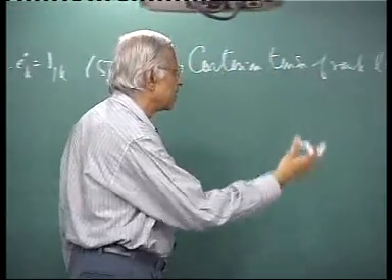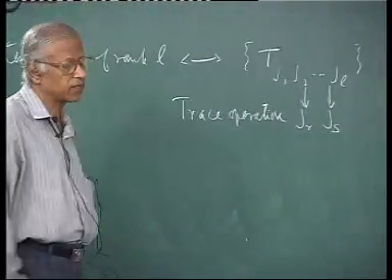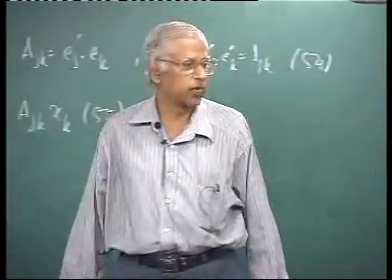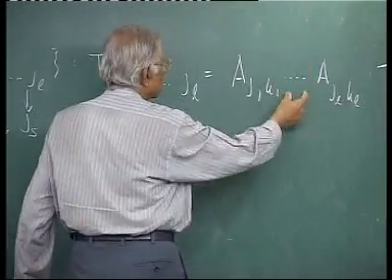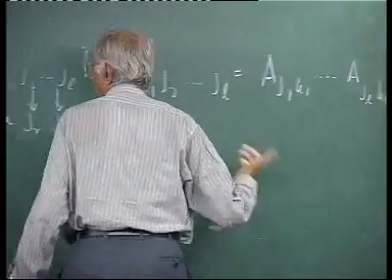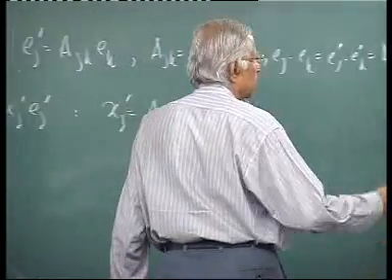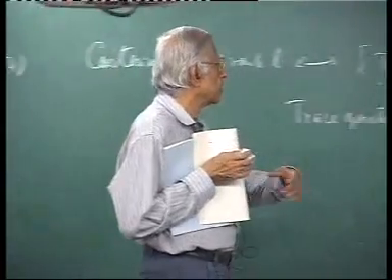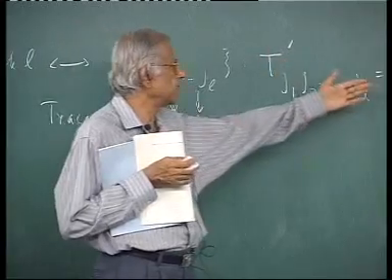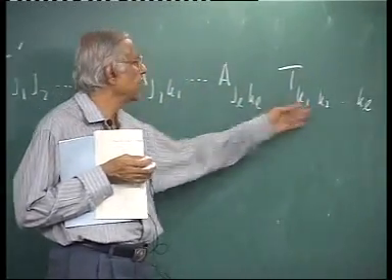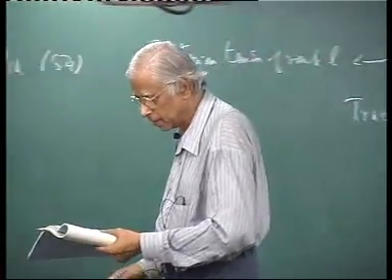When you carry out such a trace operation, you will get a Cartesian tensor of rank L minus 2, because the corresponding two matrices A will collapse since they are orthogonal matrices, and the contracted version of T prime will be related to the contracted version of T exactly in the same way, but of rank 2 less than T.